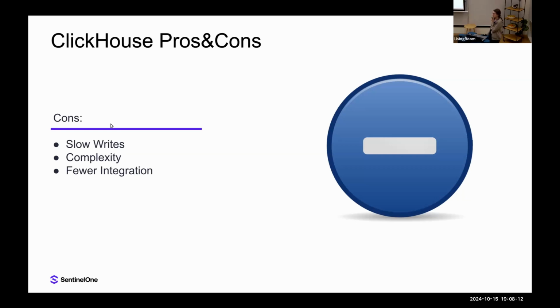And another thing which is kind of manageable is the lack of integrations. If you compare ClickHouse with your classical relational databases such as MySQL or Postgres, of course you would have much fewer libraries and integration tools available for ClickHouse because it's not so widespread.